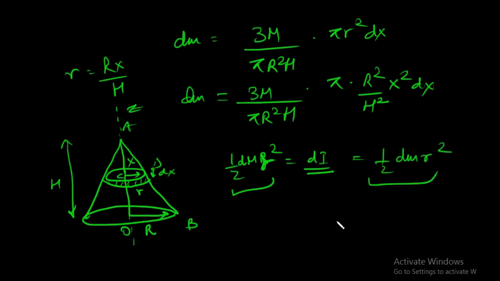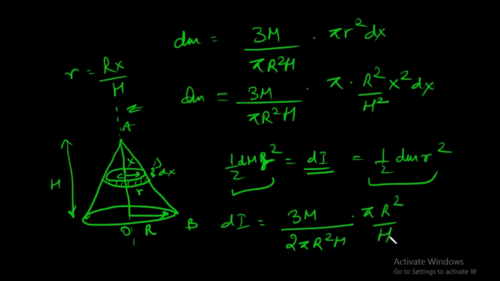Now let's calculate. dI would be equal to, what was dm? Half times 3m over pi R square h times pi R square by h square times x square dx, times r square. We have to also write r square. What was r? r was Rx by h, right? So r square is R square x square by h square.